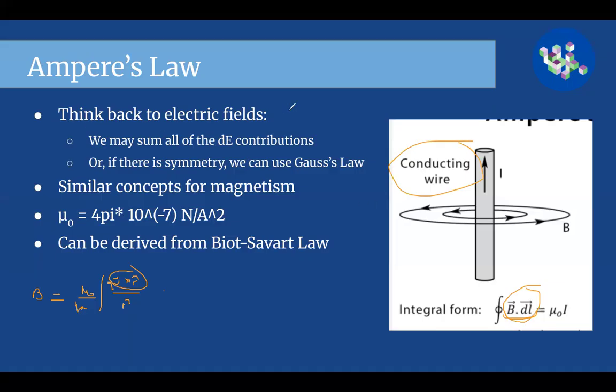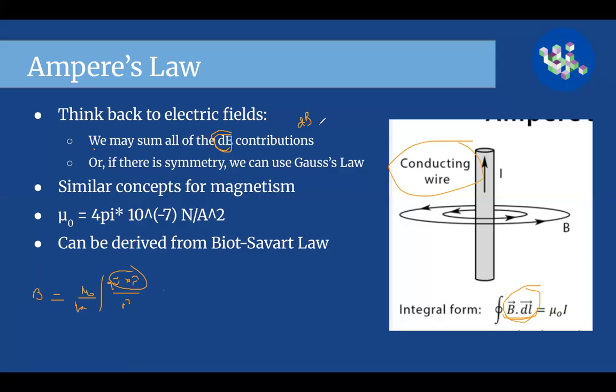So think back to electric fields. Originally, we could sum up all of the dE contributions, or if there's symmetry, we can use Gauss's law. Now, in magnetism, think of summing up all the dB contributions, basically just infinitesimal magnetic field contributions.